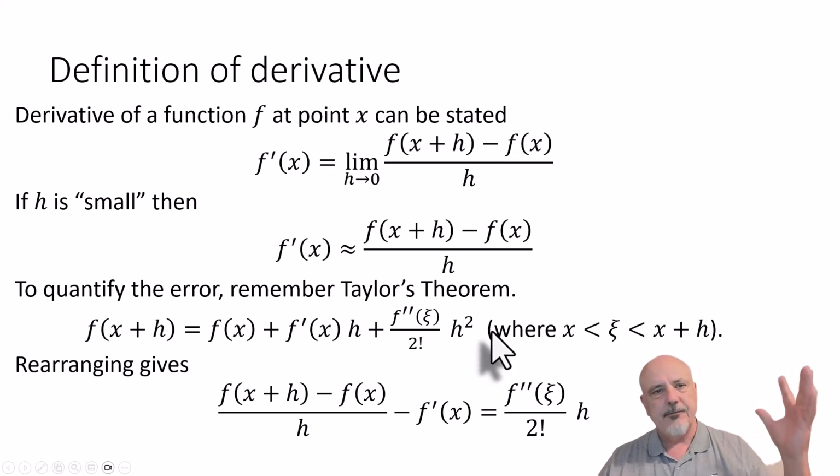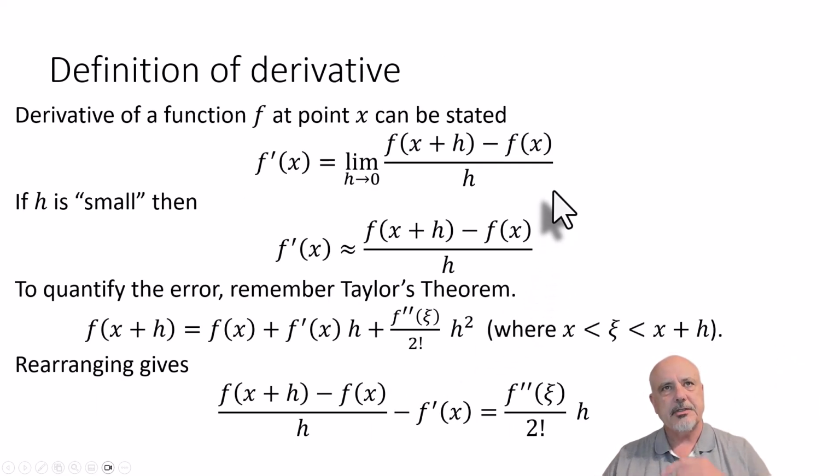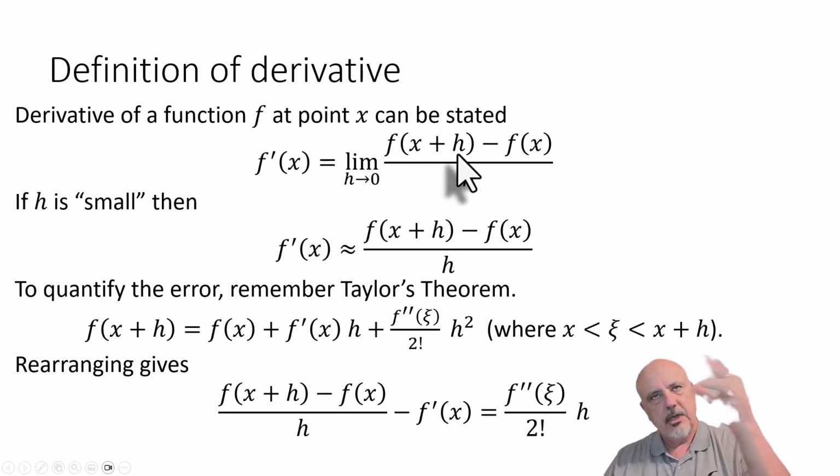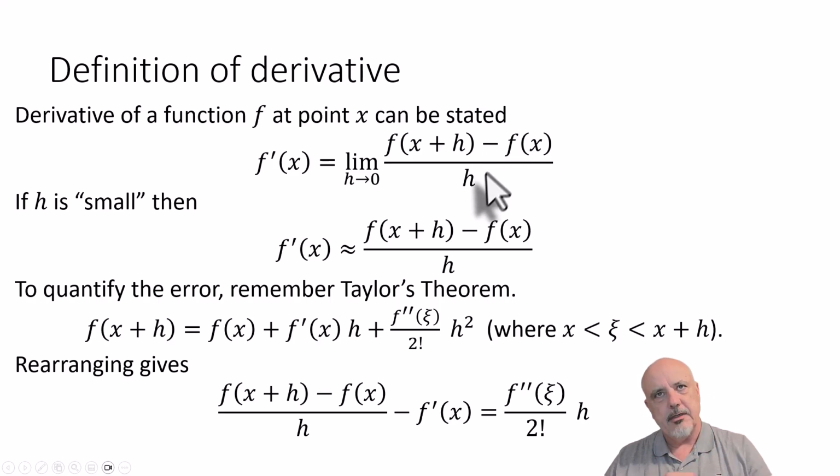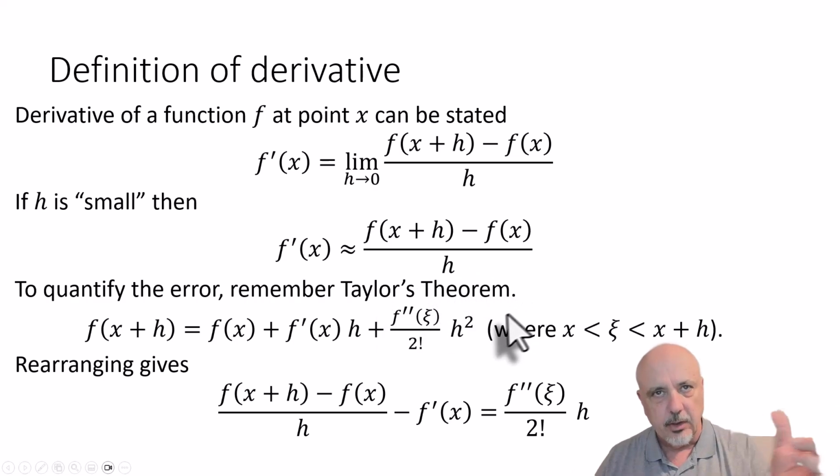Okay, so the definition of a derivative, I think everyone knows this. It's going to be the limit of the next function value evaluated at the next point minus the current point, divided by the step as the step goes to 0. We can approximate that. If h is small, we can approximate it like this. And if we want to quantify that error of the first derivative, we think about Taylor's theorem.